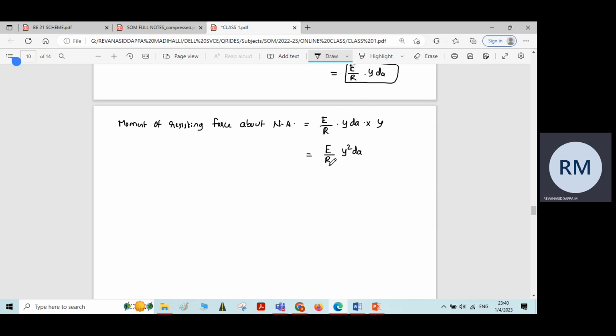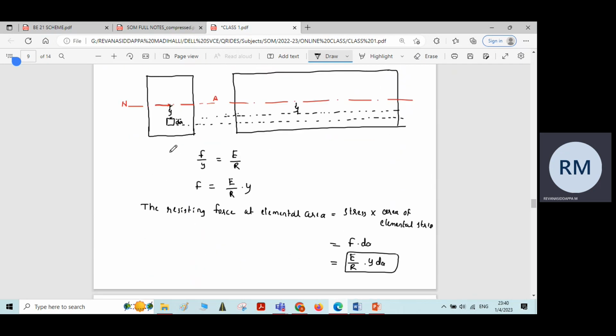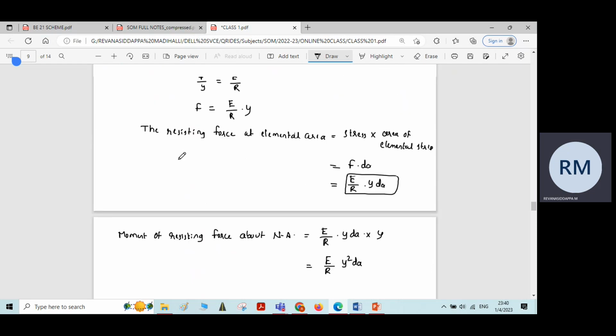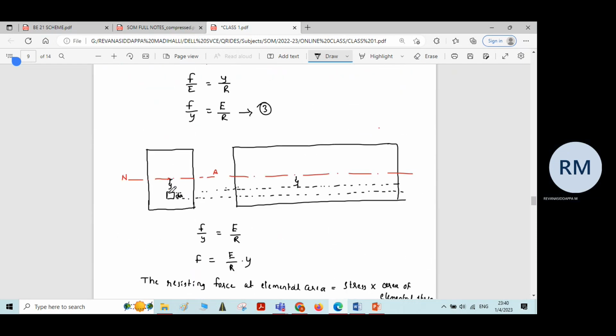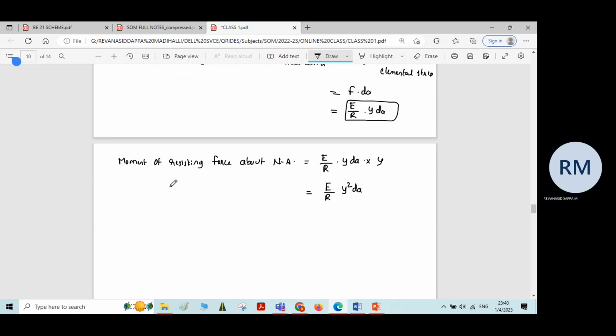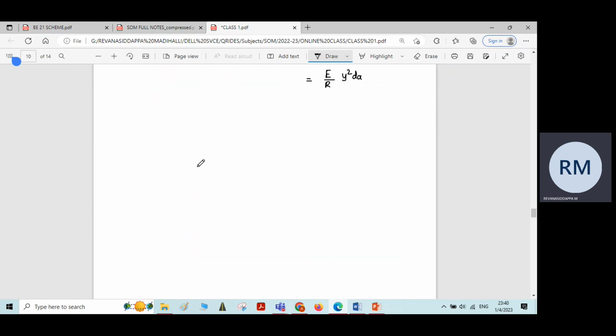Now we got the moment of resisting force, which is acting at the elemental area dA, about the neutral axis. If you want to get the total resisting force from the full cross section, you need to do the integration.